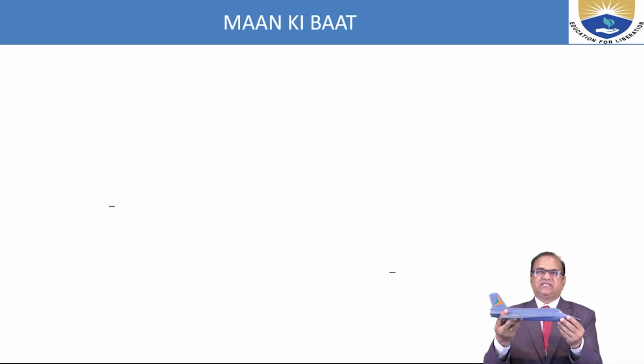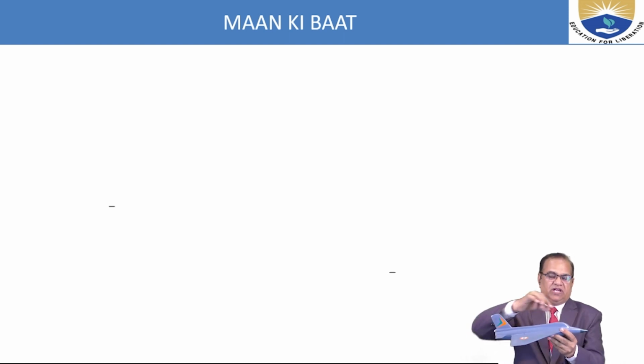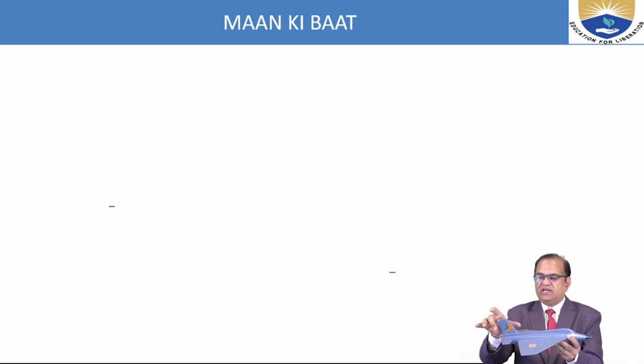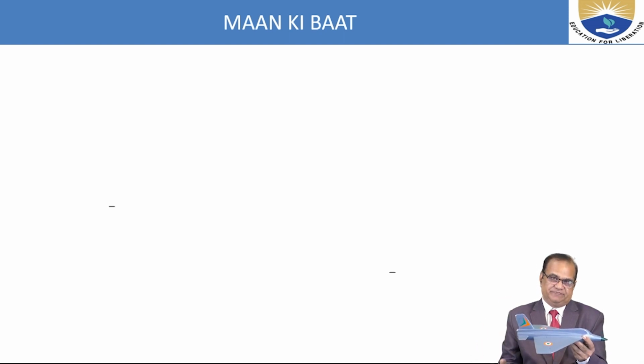So this is the aircraft. This is the fuselage. These are the wings. Here we have the delta wing. This is the fin or vertical tail. This is the horizontal tail.